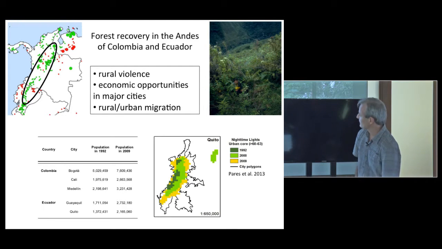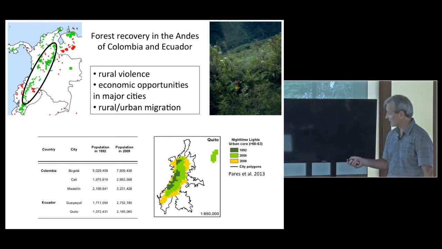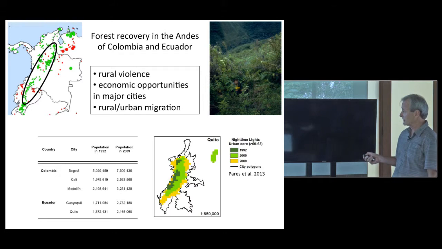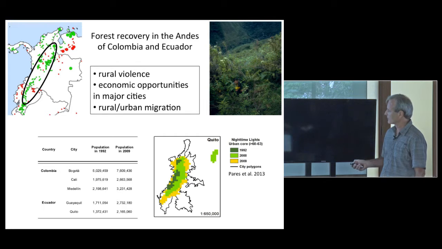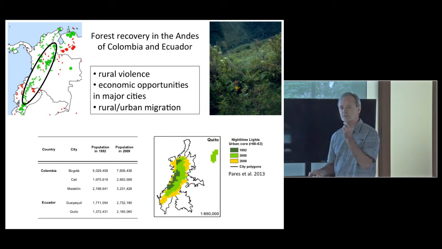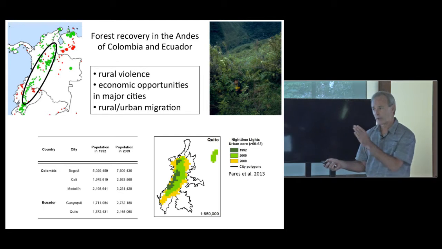Another analysis that we did, the first time that I had ever worked with nighttime lights, was to outline in 2009 the limit of the urban area of Quito, and then look at the highest intensity of light, and this allowed us to go back in time.